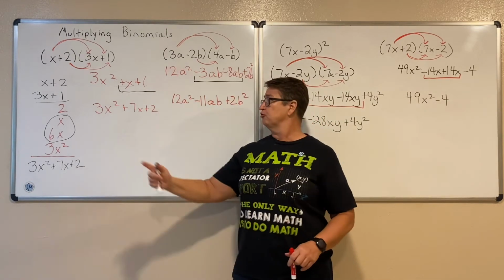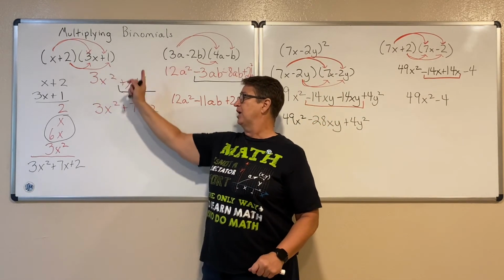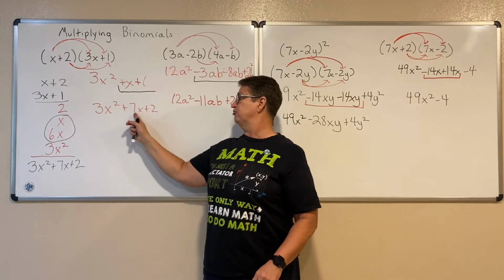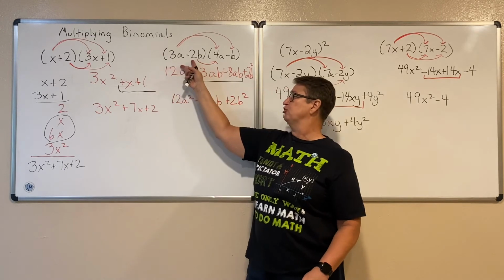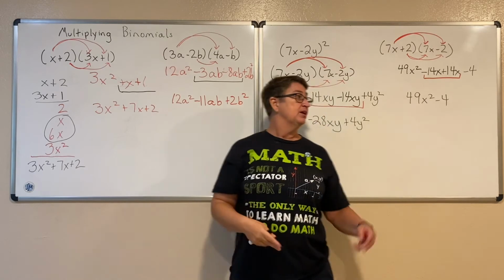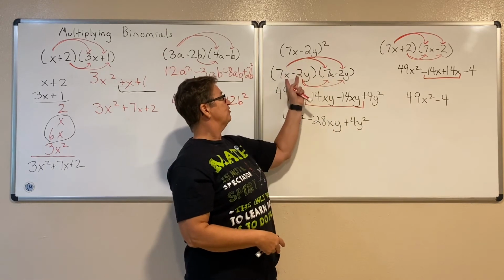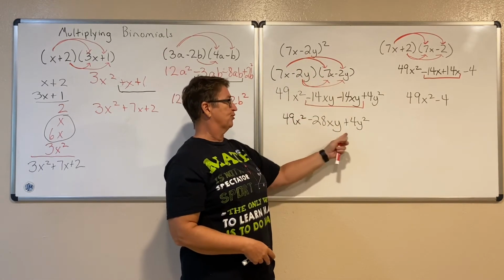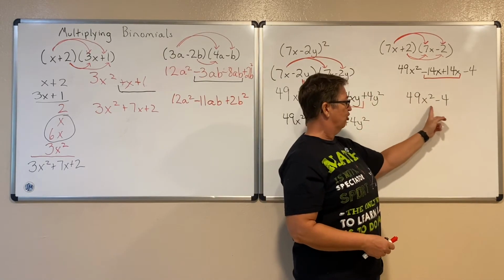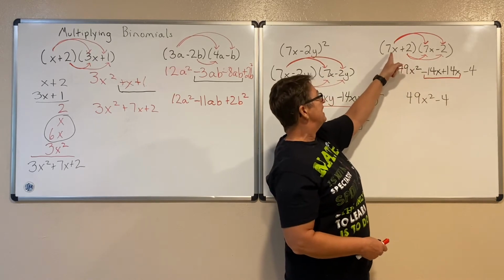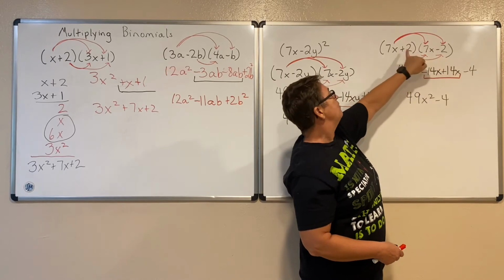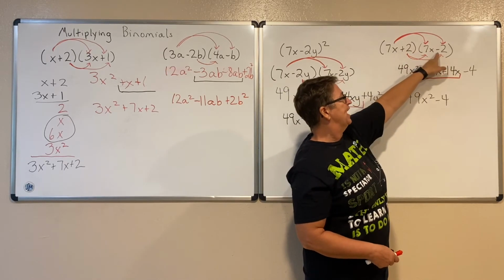Notice in all the others, when I multiplied a binomial times a binomial, I ended up with 3 terms. A trinomial, 1, 2, 3 terms. Here I multiplied 2 terms by 2 terms, and then I ended up with 3 terms. Same thing here, I multiplied 2 terms times 2 terms and got 3 terms. The only time I'm going to end up with only 2 terms is if inside they look exactly the same, but one of them is a positive and the other is a negative.